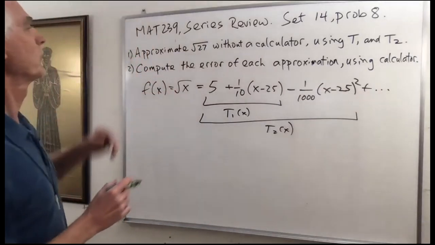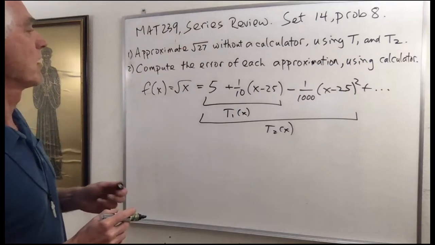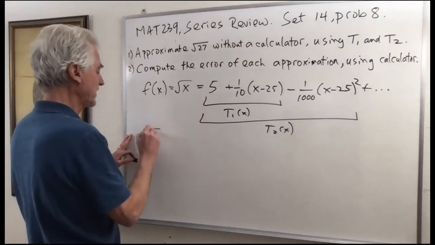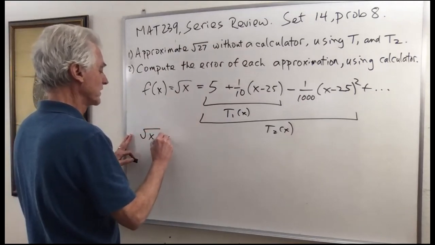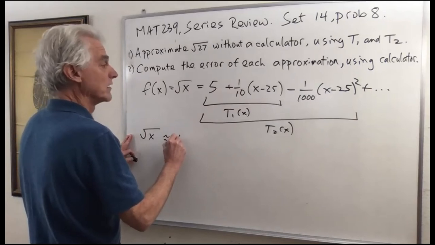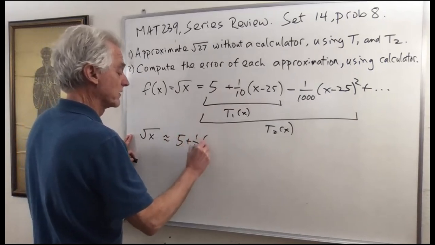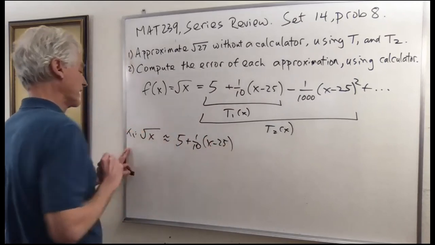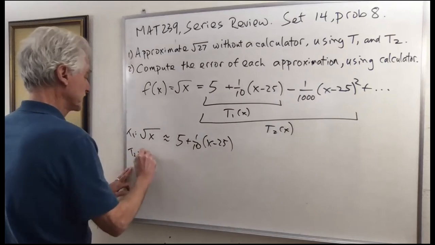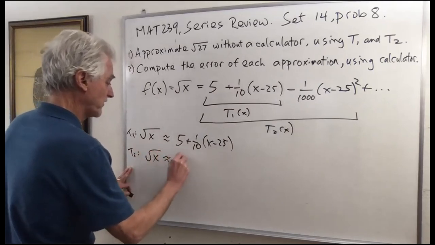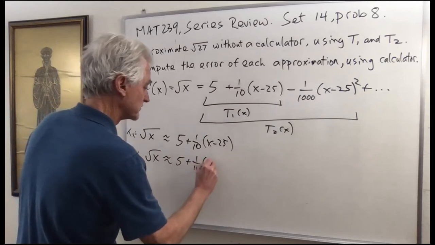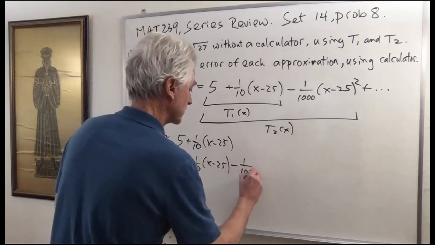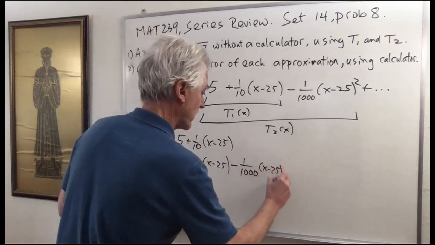Okay, so now we can approximate. We can approximate 27. In fact, we can approximate anything near 25. Square root of x is approximately 5 plus a tenth times x minus 25. This is the T1 approximation. The T2 approximation is that square root of x is about 5 plus a tenth times x minus 25 minus 1 over 1,000 times x minus 25 squared.